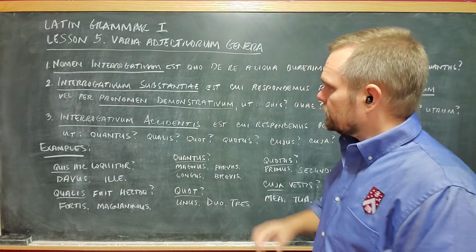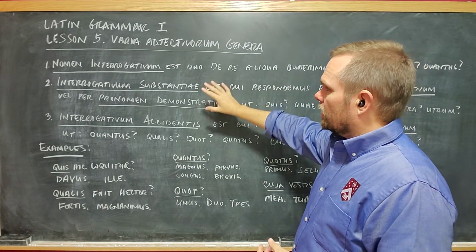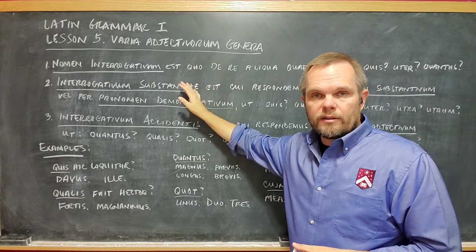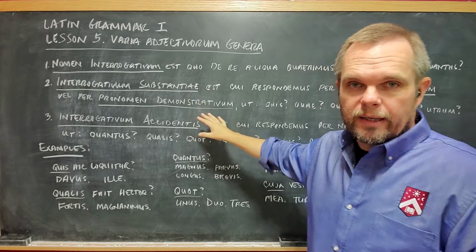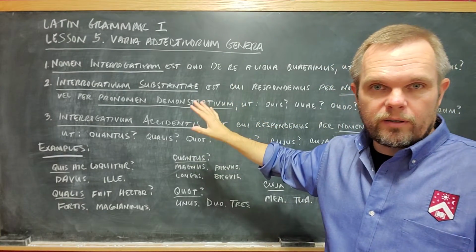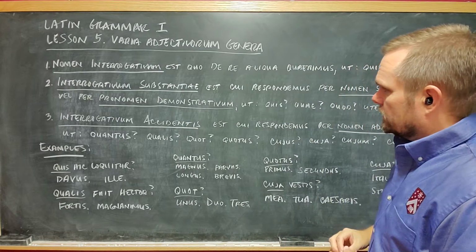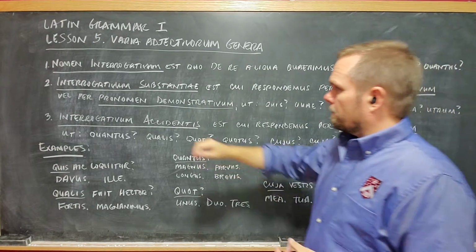So with that behind us, let's get into part 1 of Lesson 5, the various kinds of adjectives. And the first group we're going to look at are interrogative nouns. All right, so let's look at the first Latin definition that Alvarez gives us.